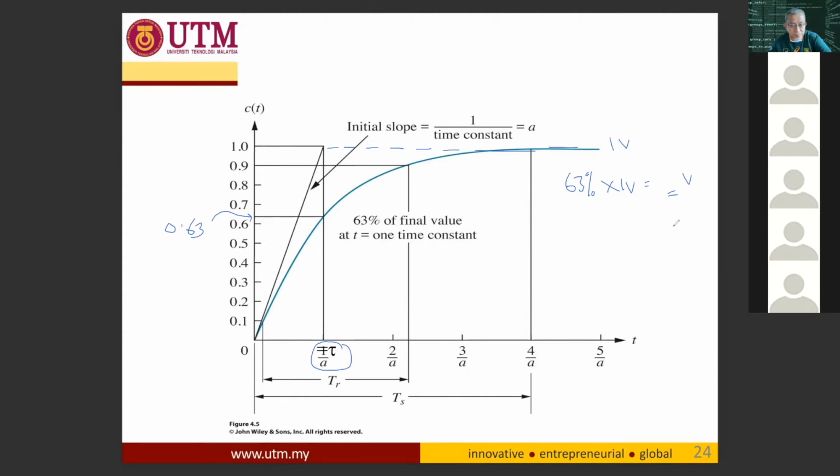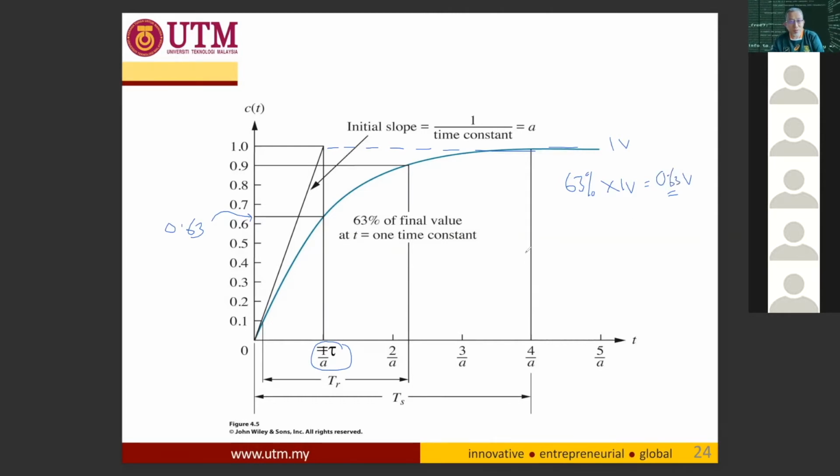Hello. Saya Syuhada. 63 percent multiplied by 1 volt, how many volts do you get? 63. Tak faham lah tu. Aisyah Soleha? 0.63. 0.63 volt.